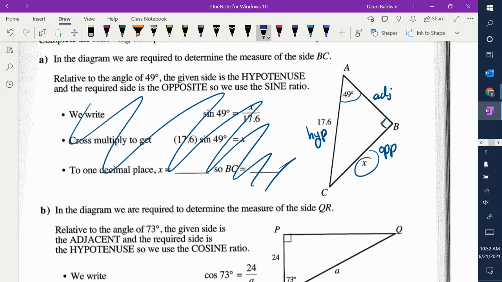We have the hypotenuse. What involves opposite and hypotenuse? Sine, right? What always goes with the trig function? The angle. So sine of 49 is equal to what?